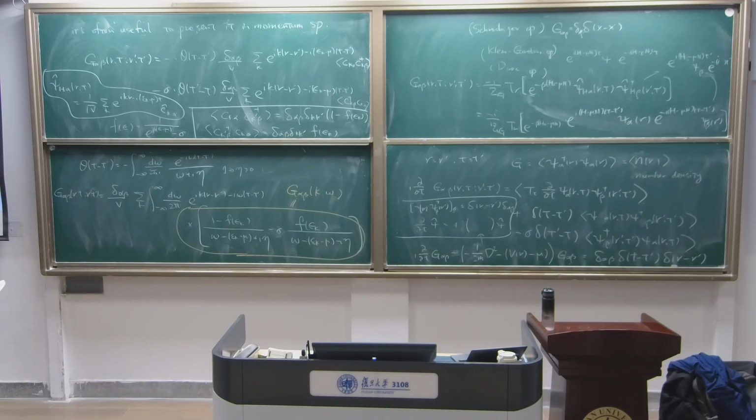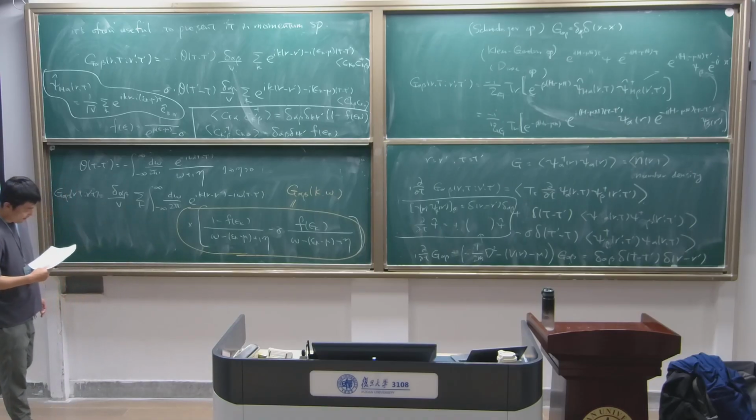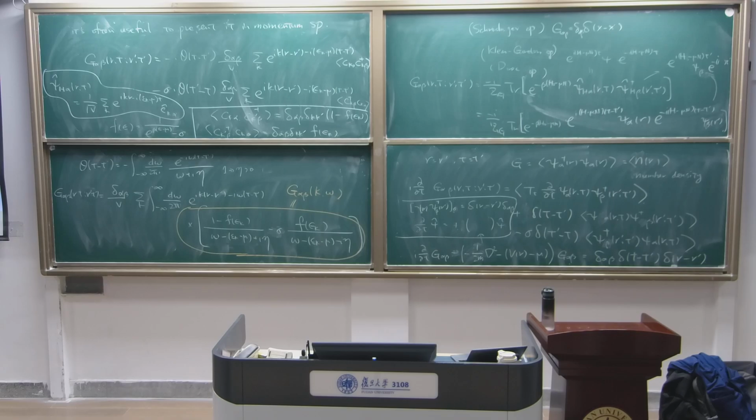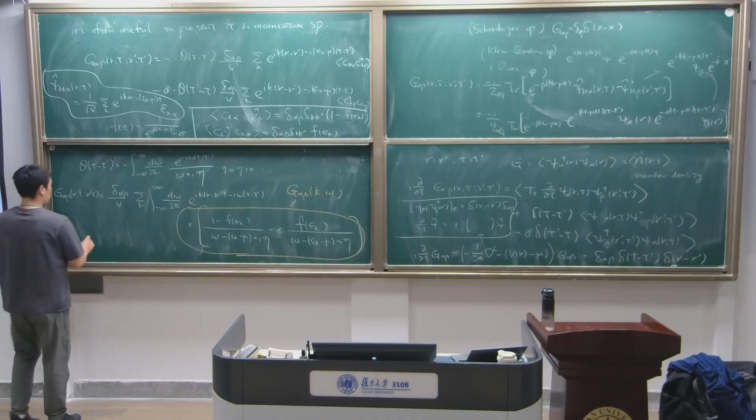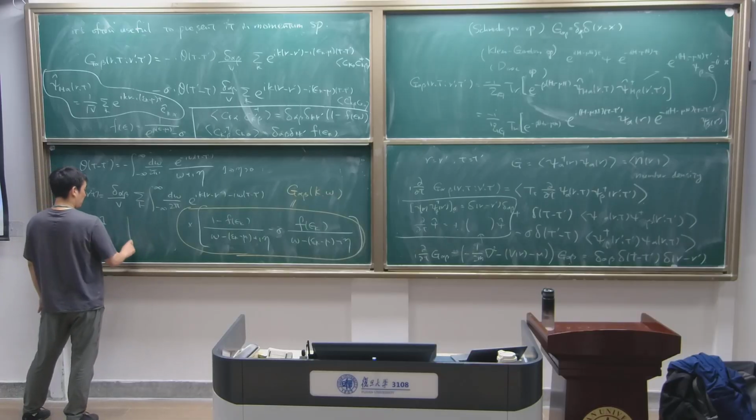And if you do the Fourier transformation, and if you consider sigma equal to minus 1 and τ equal to 0, then we have f of ε_k, exactly something like this.